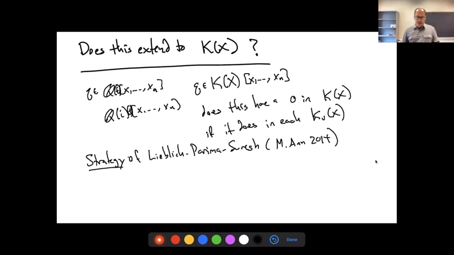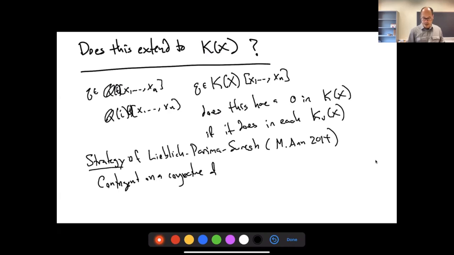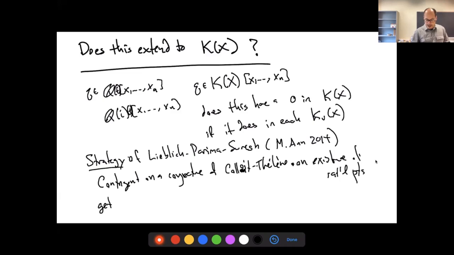There are some subtleties here, but what they found is that, contingent on a conjecture of Colliot-Thélène on existence of rational points, u(K(X)) is bounded by something.